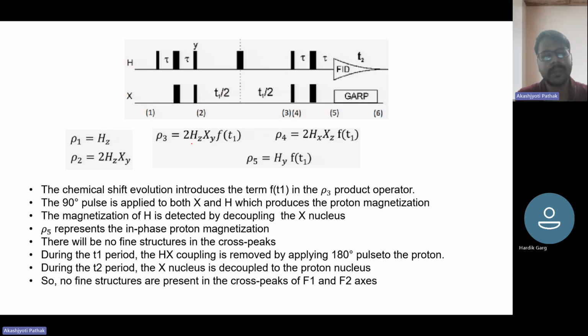In this t1 by 2 period, the chemical shift evolution is taking place, and this will introduce the term F of t1 in the rho 3 product operator.